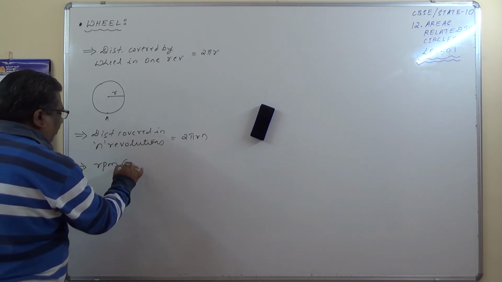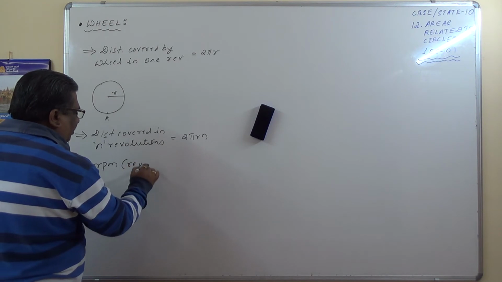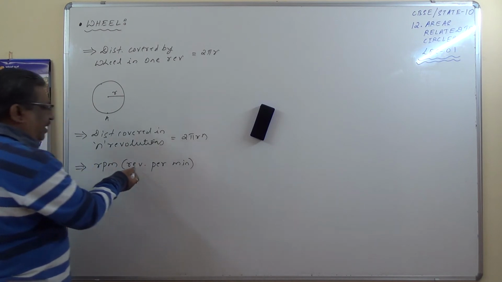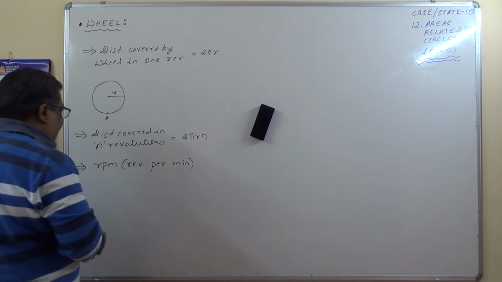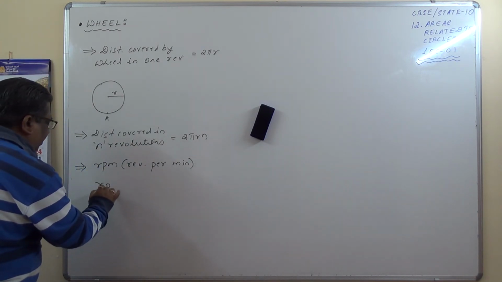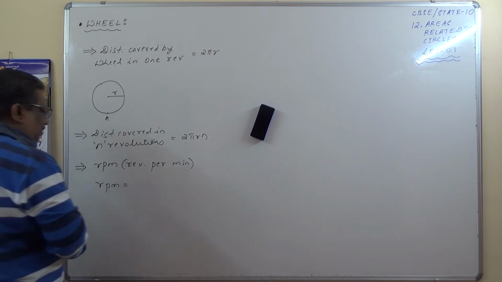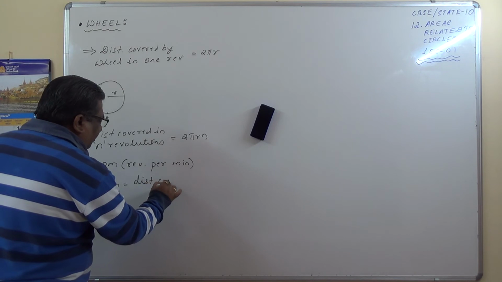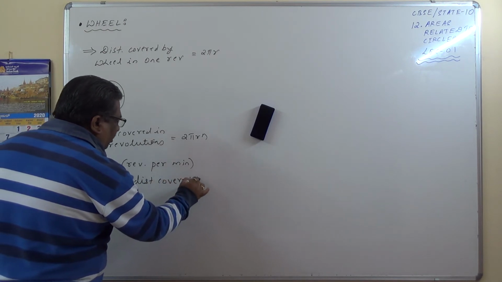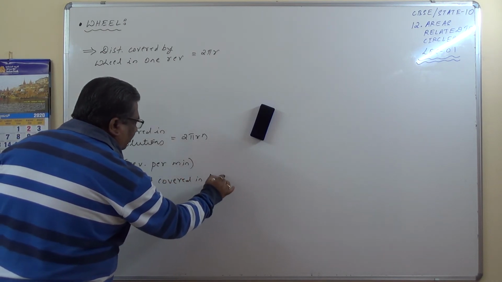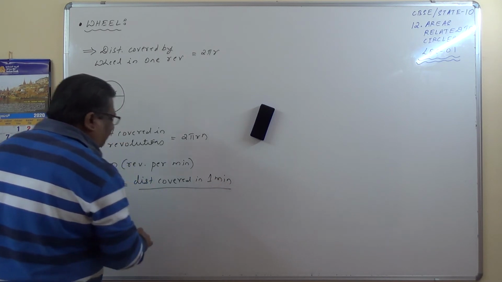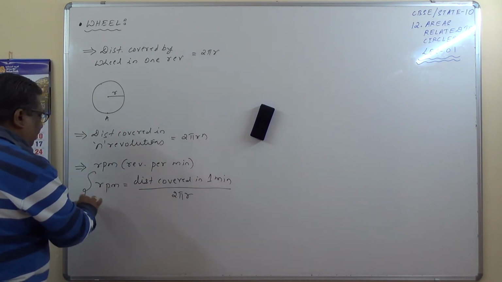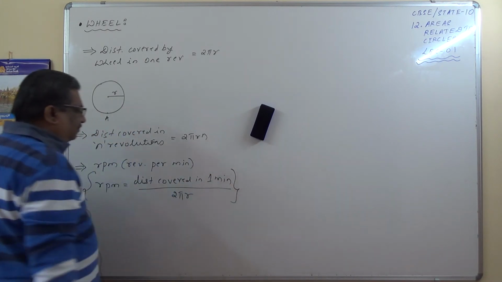REV here is revolution. So RPM of the wheel is equal to the distance covered in 1 minute divided by the circumference, which is 2 pi r. So this is one more formula.